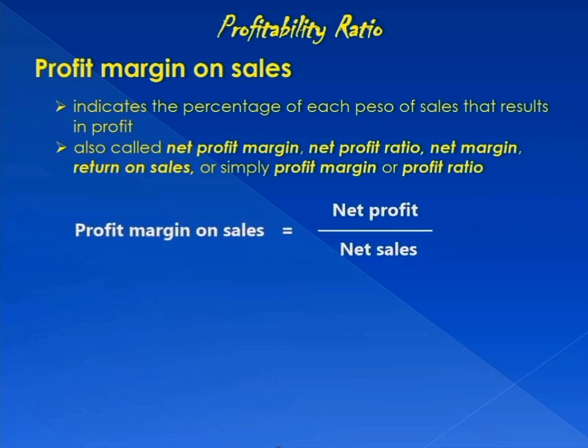Net profit divided by net sales. As I just mentioned, the profit margin here refers to net profit, hence the numerator. As for the denominator, don't forget to use the net figure of the sales.